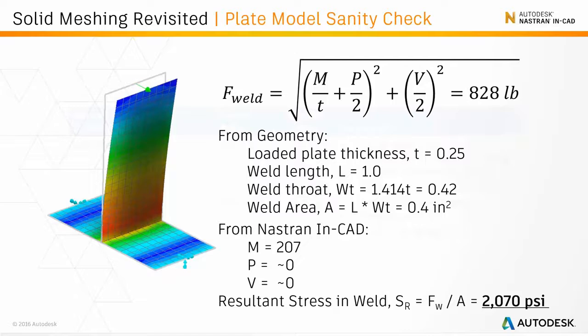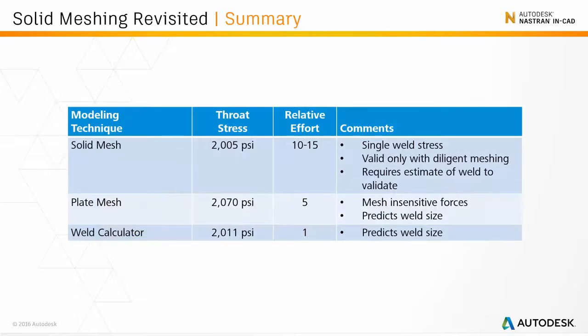So if we look at the three methods that we've used, and this is a bit of a summary, it's clear that using something like the Inventor weld calculator is great because it gives us an accurate result basically effortlessly with very little time and resources required whatsoever. At the other end, we can use a solid mesh. This is going to take considerably more effort and is very dependent upon a wider range of variables and assumptions.